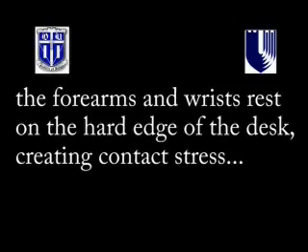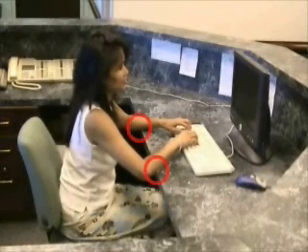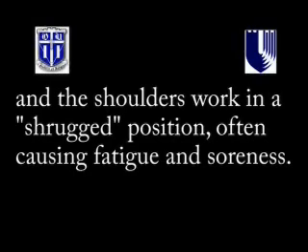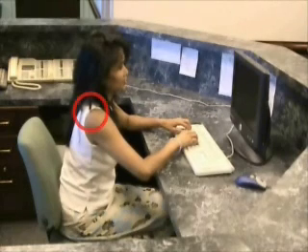The forearms and the wrist rest on the hard edge of the desk, creating contact stress. Notice the contact points between the forearms and the sharp edge of the desk. And finally, the shoulders work in a shrug position, often causing fatigue and soreness. Notice the shrugged shoulders.